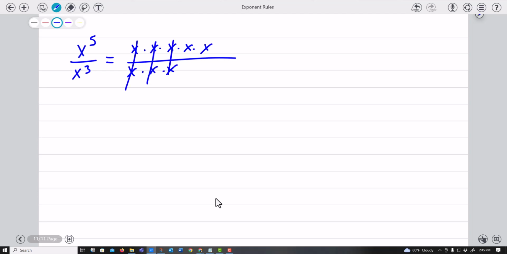You could see those would cancel, and you end up with just x times x, which would be x squared. Or you know that rule that when you are dividing with the same bases, you subtract the exponents, and you get the same answer.